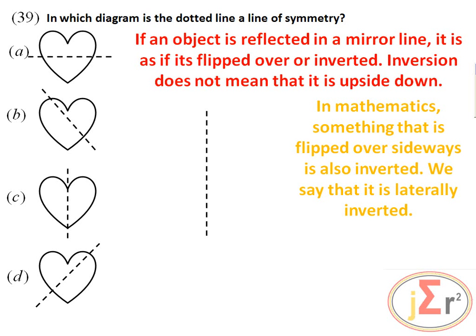If we have it on one side and we just flip it over, now it is laterally inverted. And that is the same effect that a mirror line has on an object. Not only that, but the mirror line can act as a line of symmetry by reflecting each half of an object in order that the entire object will be formed.